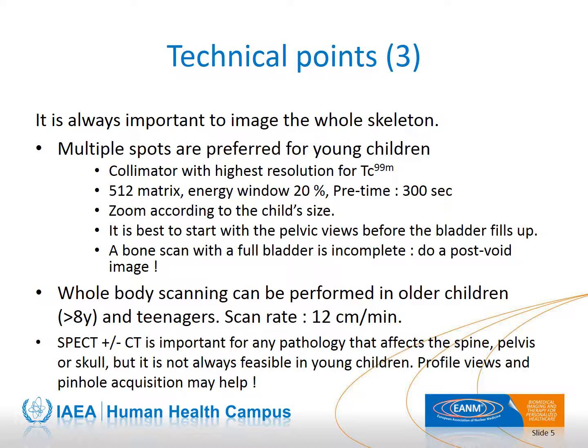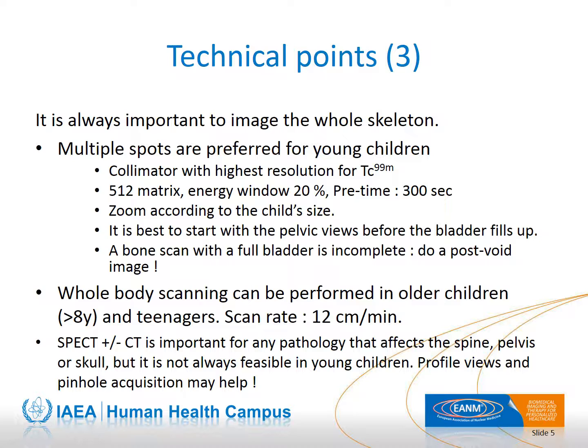It's always important to image the whole skeleton. In young children, multiple spots are preferred. As good resolution is mandatory in children, the collimator with the highest resolution should be chosen.